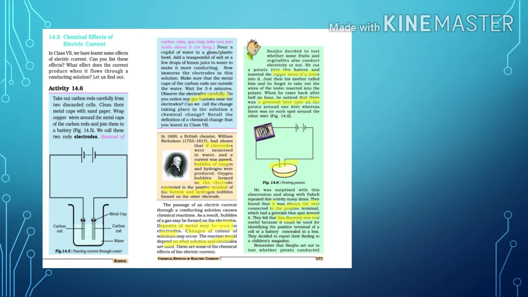The little experiment we are doing for another thing, but this is a discovery. With the help of it we can easily identify the positive terminal and the negative terminal. If we have to find out the positive terminal, we observe that there may be a spot when electricity passes through it.